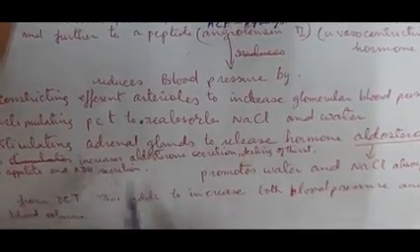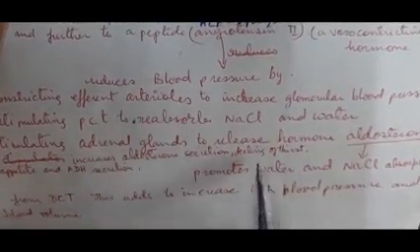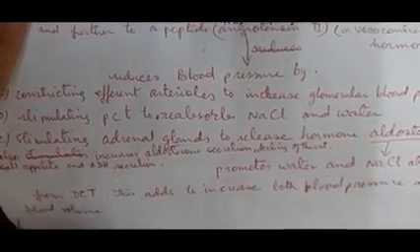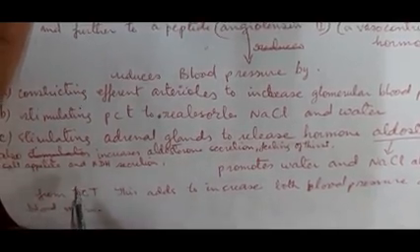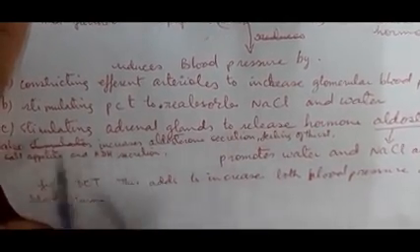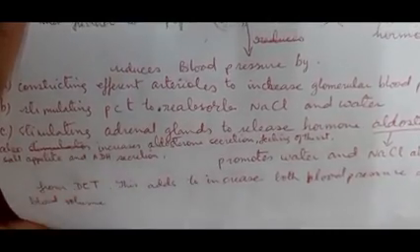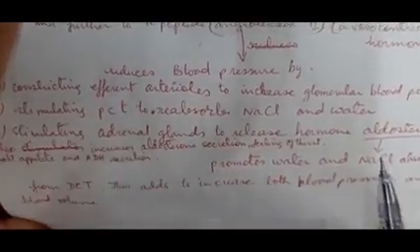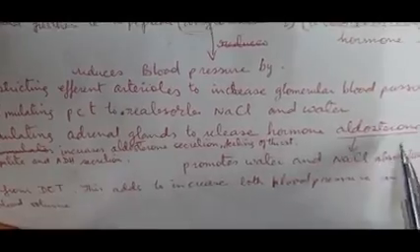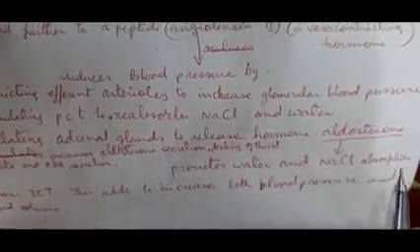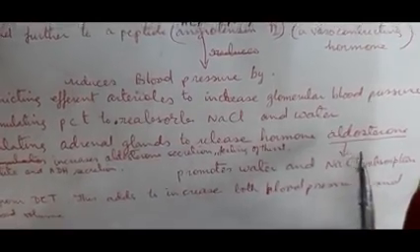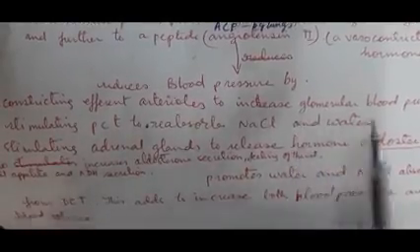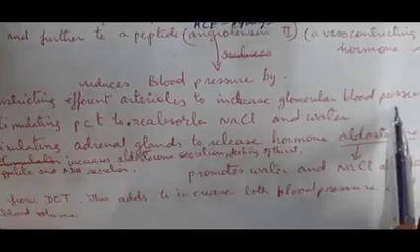It also increases feeling of thirst, salt appetite, means feeling to eat salty things, and ADH secretion. So all these things will be stimulated by the secretion of renin. When the renin is secreted, aldosterone will be secreted by the adrenal glands, and the efferent arterioles will be constricted to increase glomerular blood pressure.